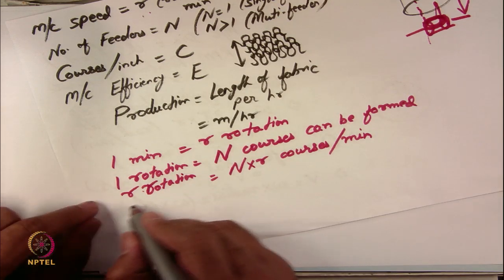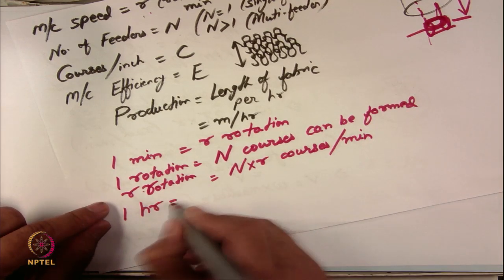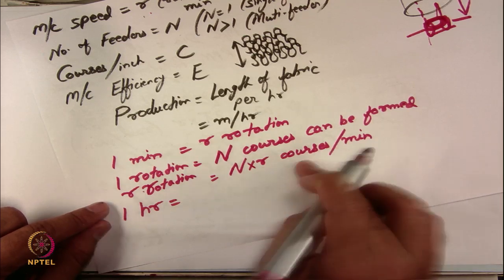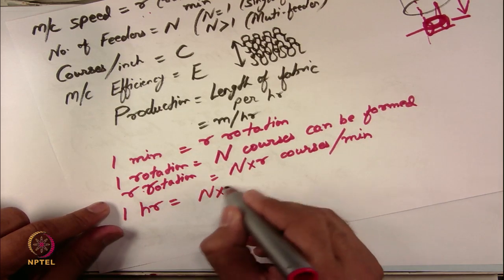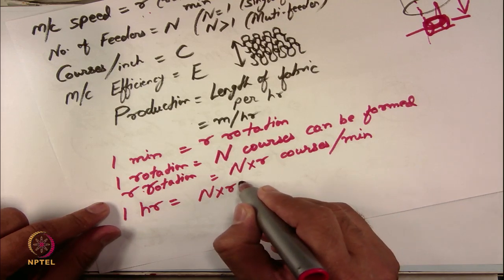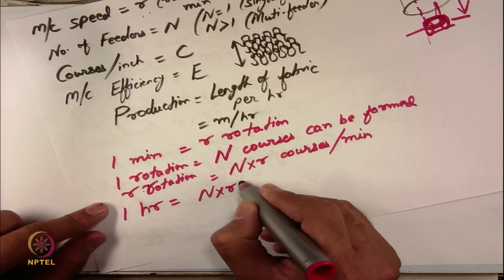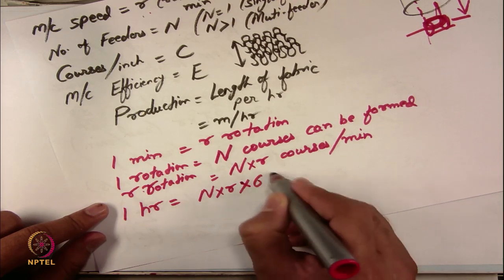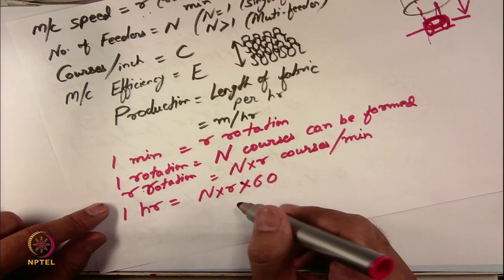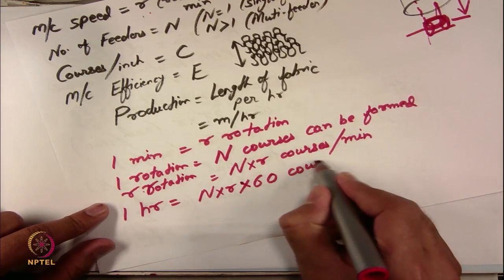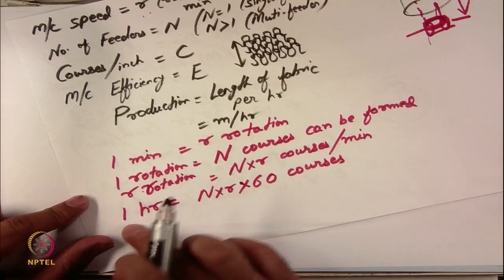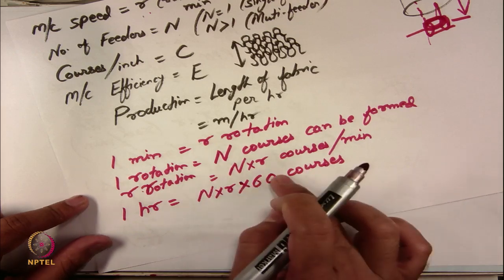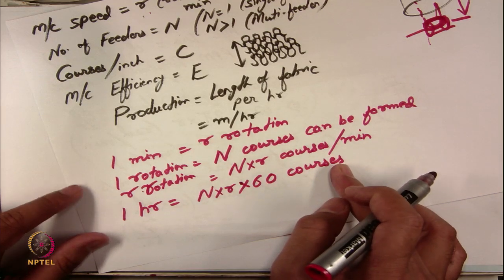In 1 hour, n into r into 60 courses are being formed by the machine.